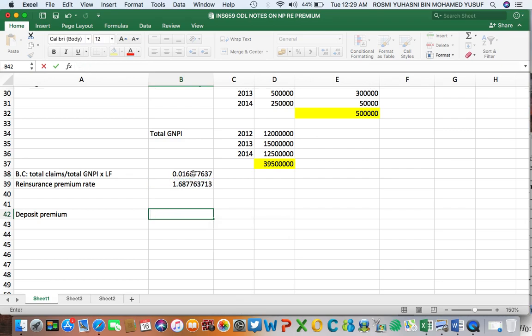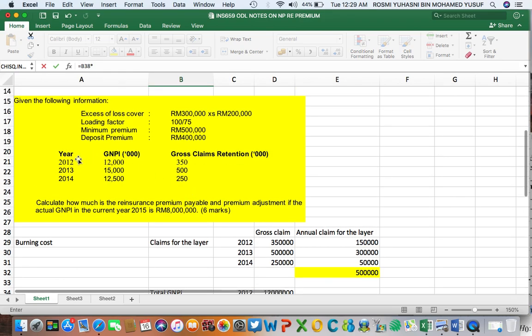So we take 0.016 times estimated GNPI. So look for the last closest year to the current year. The current year is 2015. The closest year before 2015 is 2014. So the estimated GNPI for 2015 is 12.5 million.